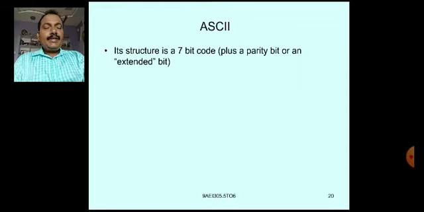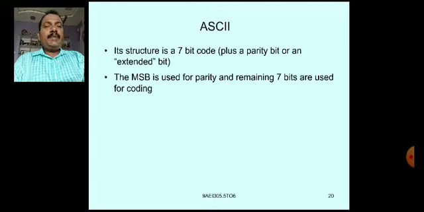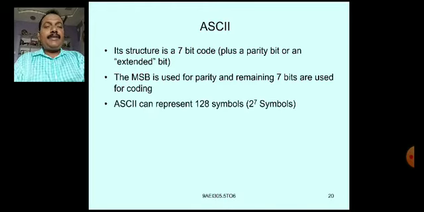ASCII has a 7-bit code plus a parity bit or an extended bit. The MSB is used for parity and the remaining 7 bits are used for coding. So ASCII can represent 128 symbols, because it is a 7-bit code, meaning 2 power 7 symbols are possible.